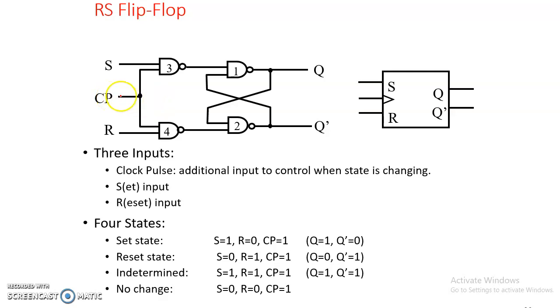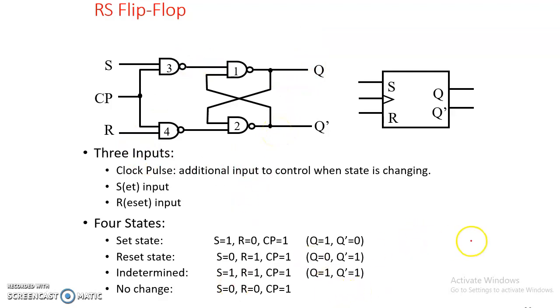So suppose I say clock pulse is 0, that means my gate number 3 and 4 will give me output as 1, 1, which is a no change condition for the NAND gate latch. So the output remains as it is, the previous value. If clock pulse is 1, then only my entire circuit will change according to the S and R values. The rest will remain as it is, as we had done in the NOR gate condition.